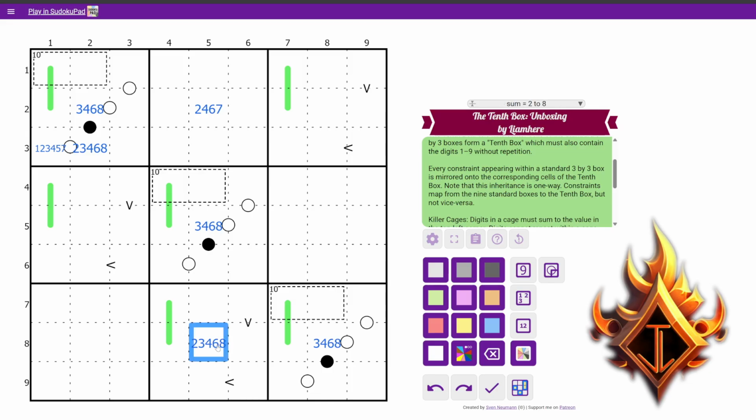And this cell has to be greater than that cell, or less than, sorry. So it cannot be 8.